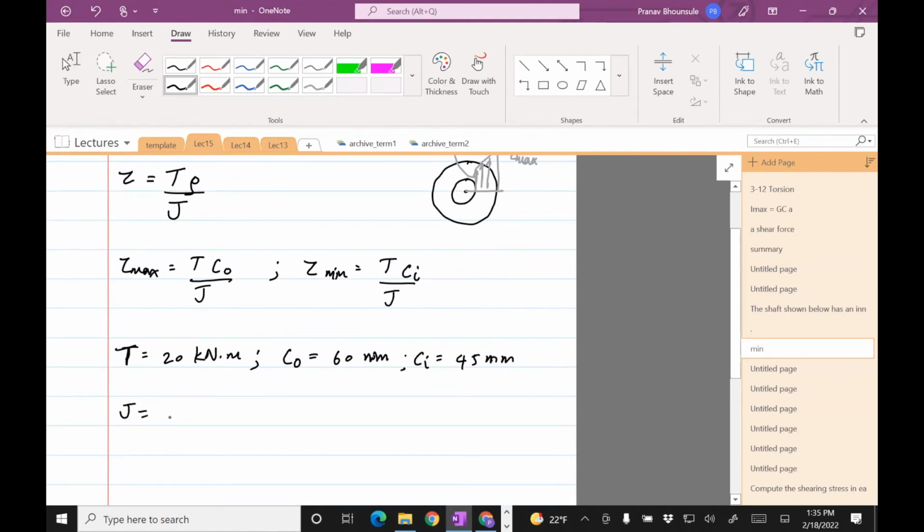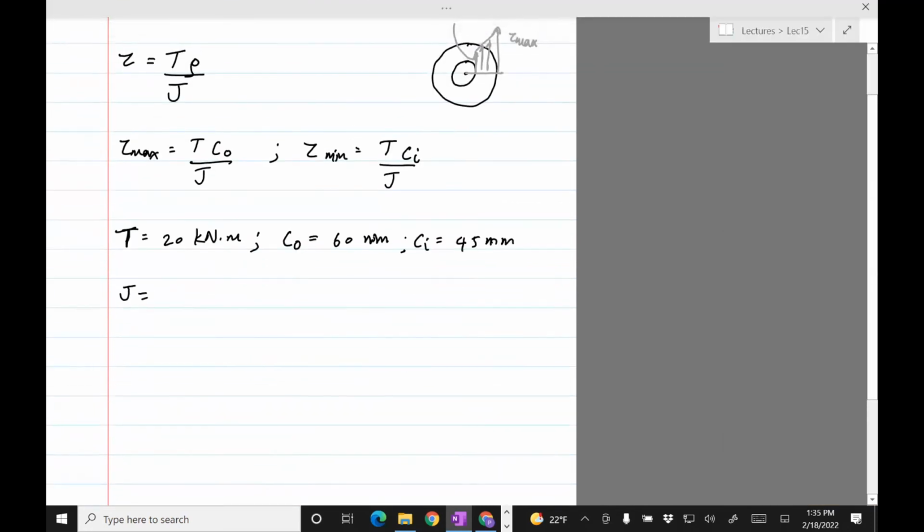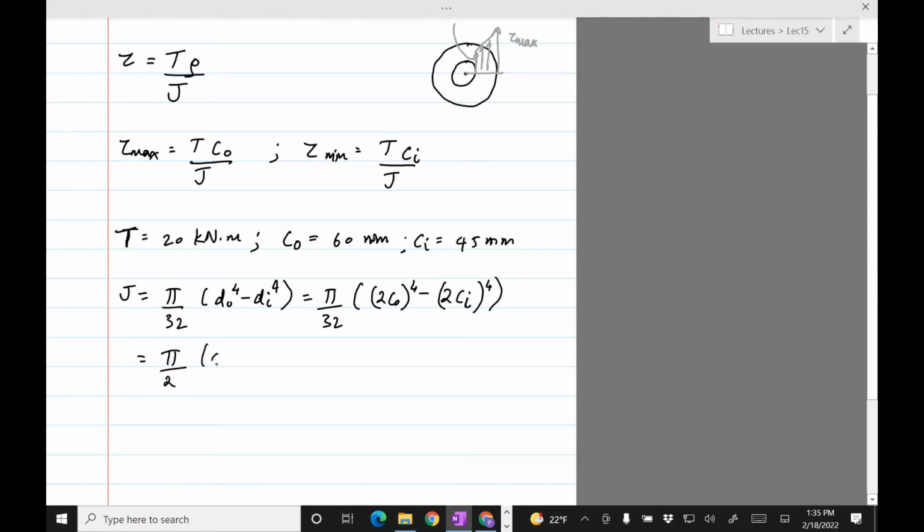The J is, so again, you go to table A18 and plug the value for J for a hollow cylinder. It's pi divided by 32 times d outer raised to 4 minus d inner raised to 4. If you want in terms of radius, d is twice C outer, twice C inner. So that comes out to be pi divided by 2 times C outer raised to 4 minus C inner raised to 4.